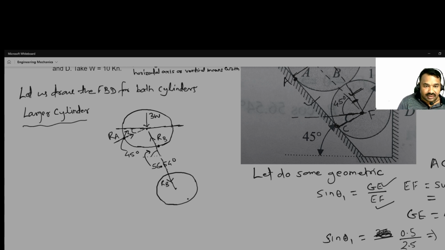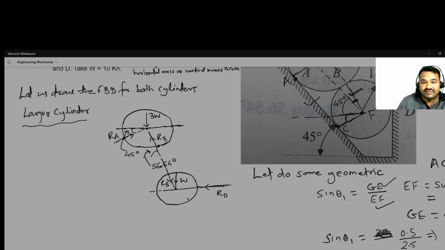Okay, and the weight of this cylinder is W, and then the contact reactions. Let us draw a horizontal line from here. This reaction is acting horizontally, so RD.